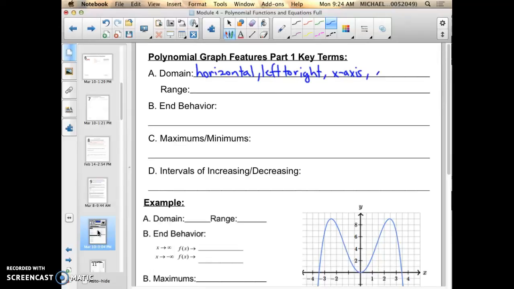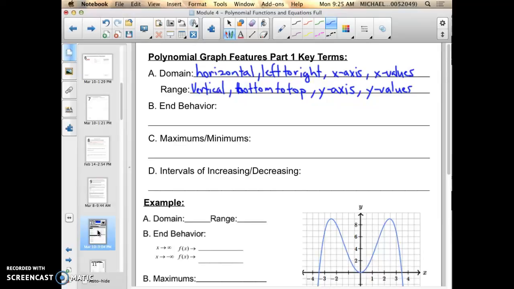And I care about the x values for domain. Range is vertical. I can say bottom to top, or floor to ceiling if you consider a house. It's the y-axis, and it's the y values I care about for range.